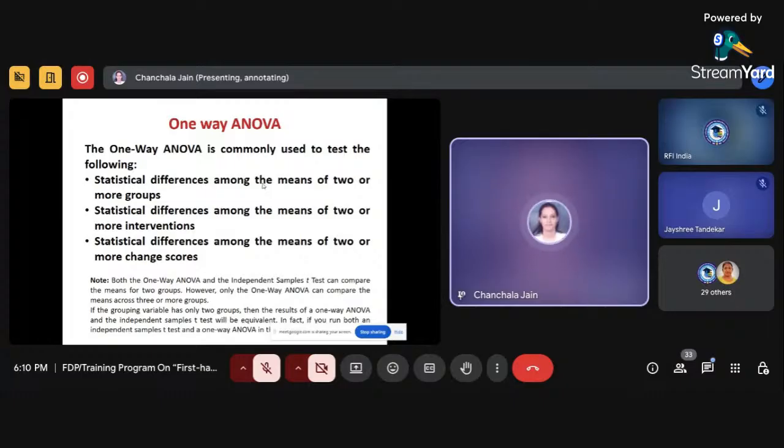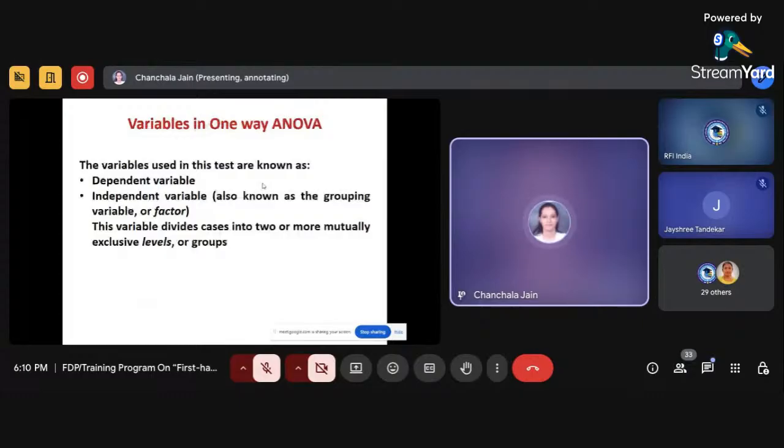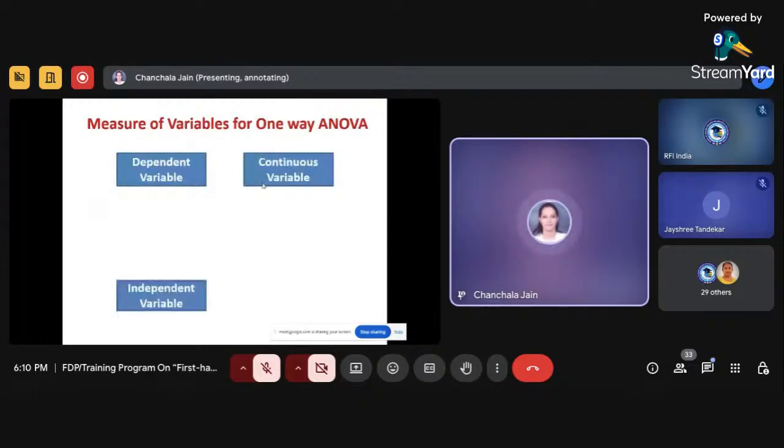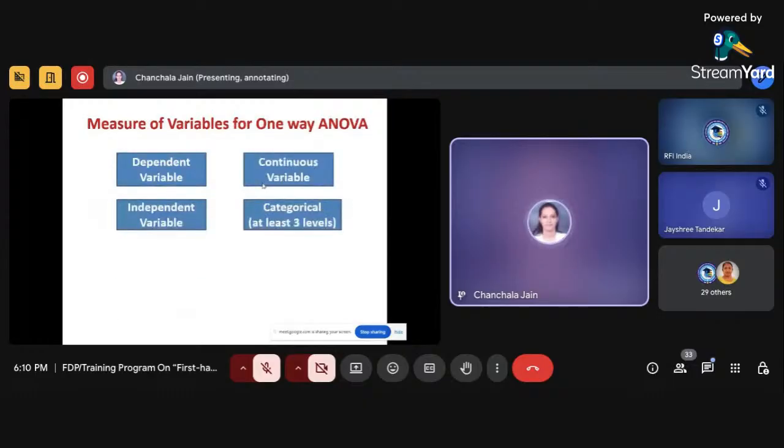In all these cases, we can use one-way ANOVA. As I said about the variable requirements of one-way ANOVA, we need one dependent and one independent variable. The dependent variable should be continuous and the independent variable should be categorical with at least three labels or three groups or three samples, right?